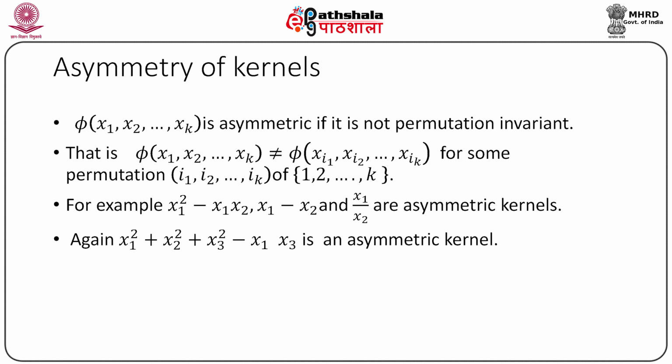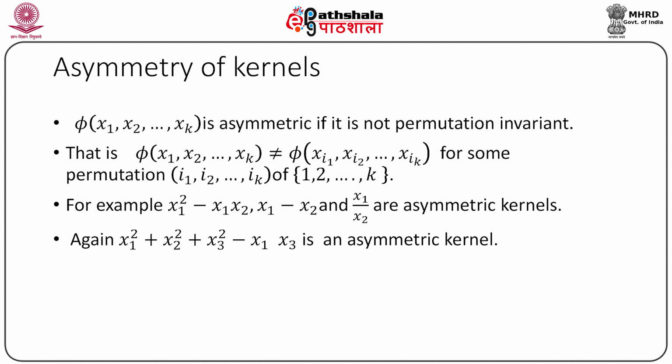Thus, x1 square minus x1 x2 is not permutation invariant, and therefore asymmetric. Similarly, x1 minus x2 and x1 divided by x2 are also asymmetric kernels. Now, consider another useful example. Consider phi x1, x2, x3 as x1 square plus x2 square plus x3 square minus x1 x3.